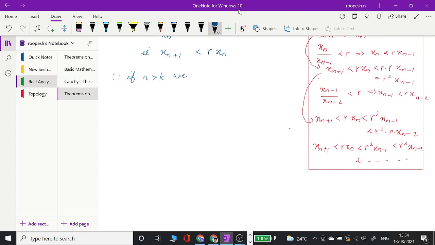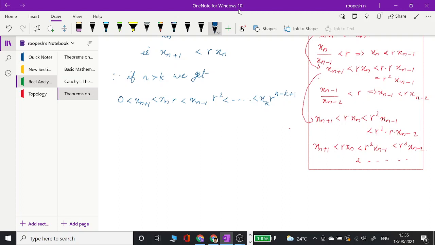We get 0 less than x n plus 1, which is less than xn into R, which is less than xn minus 1 into R square, less than, etc., less than, taking a common term, xk R raised to n minus k plus 1.